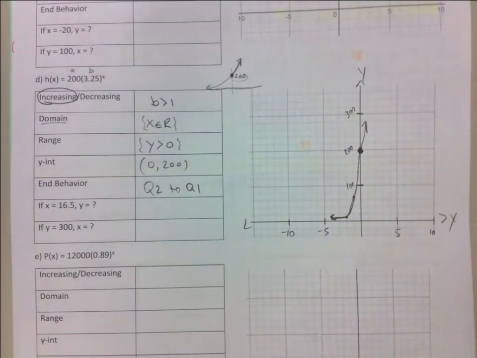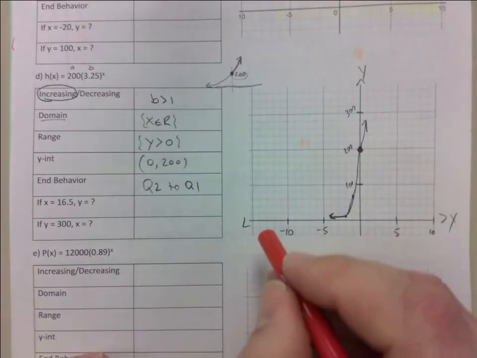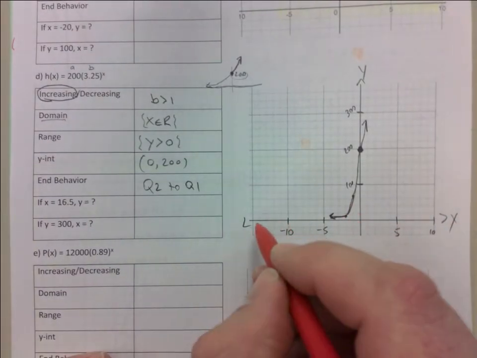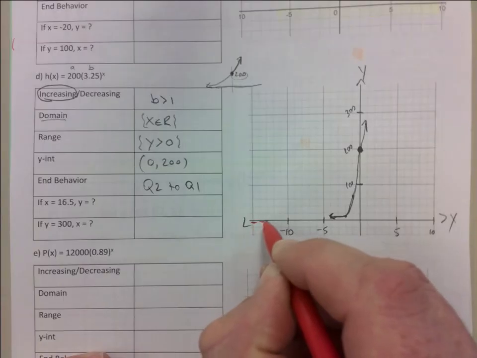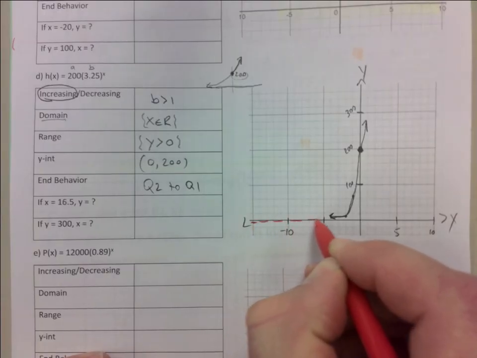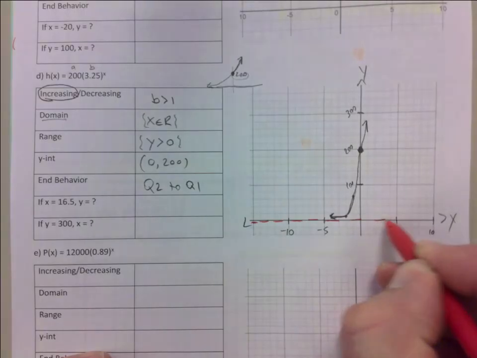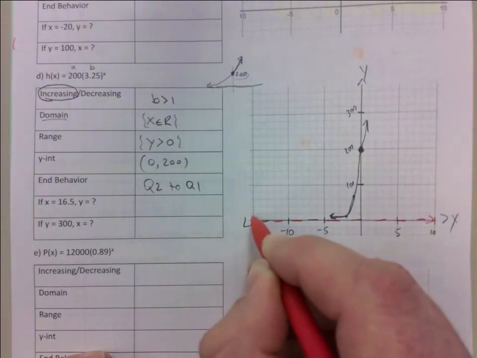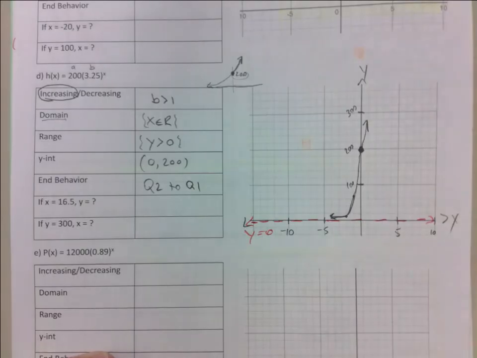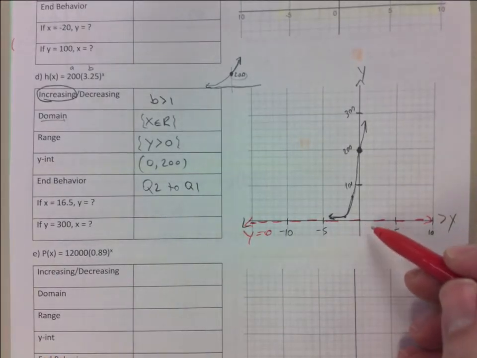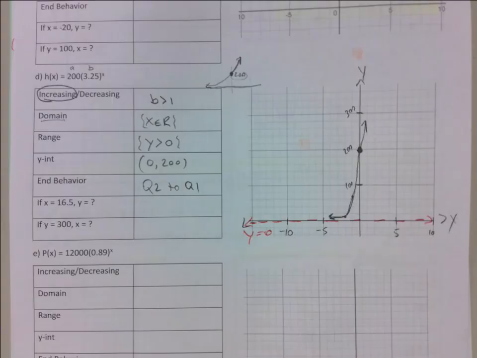There. And if you want to, I don't think it's required. I will figure out for sure, but you can draw your asymptote here. Okay? This is the y is equal to 0 line, your asymptote. But it never crosses it. Okay?